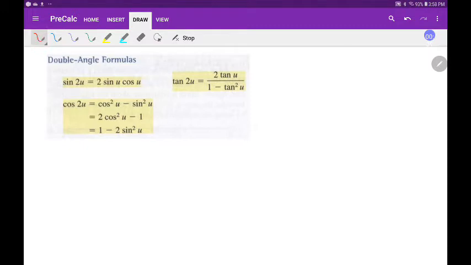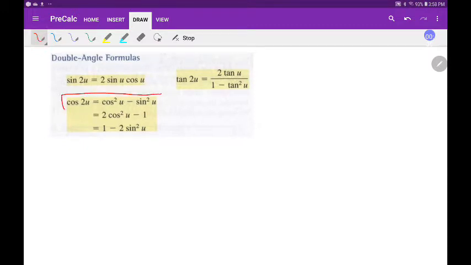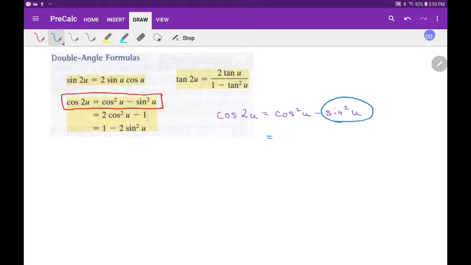When it comes to cosine 2u, the main thing is to memorize this first one. Okay, memorize that. And then if you were to need one of the other ones, we could substitute something in, and we could derive it. So in this case, instead of sine squared u, we'd say cosine squared u minus, we can say 1 minus cosine squared u, right?